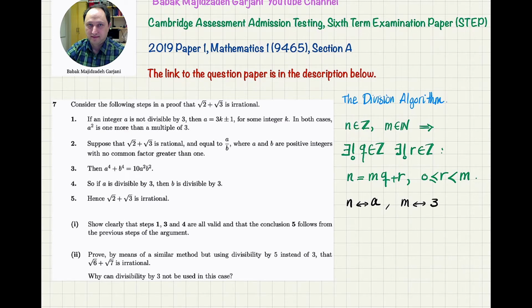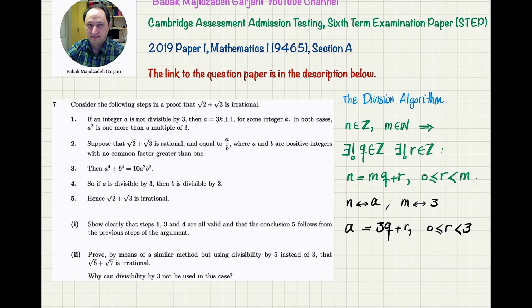This means that a is equal to 3q plus r. But we also know that r lies in this interval, greater than or equal to 0 and smaller than m. But in this case I have replaced m with 3, so this becomes 3.